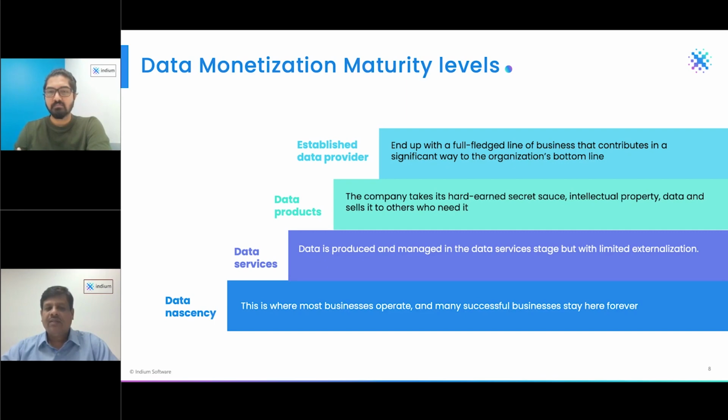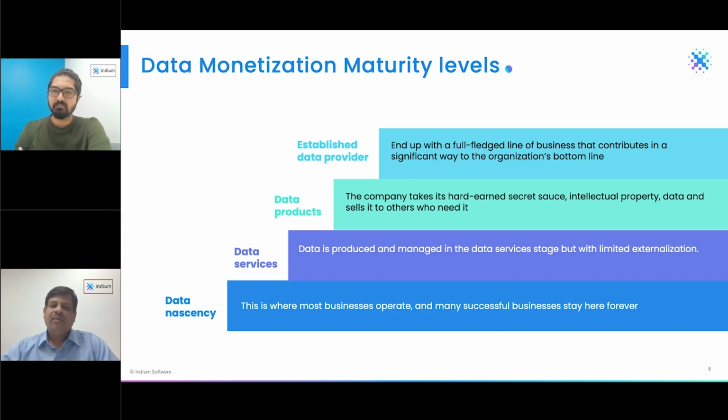The company takes its hard-earned secret sauce, for example, domain-specific information that the companies may have built over a period of time, and takes it to the larger market where there is a need for such data for further analysis, right? Finally, there are companies who have already established themselves. They have built a platform.